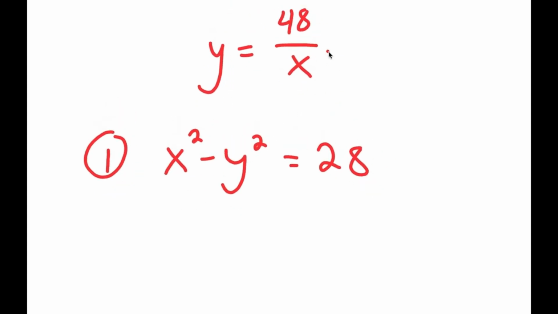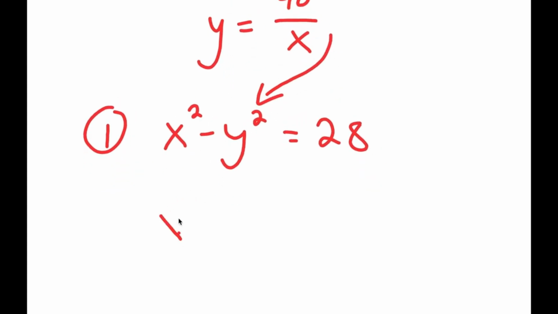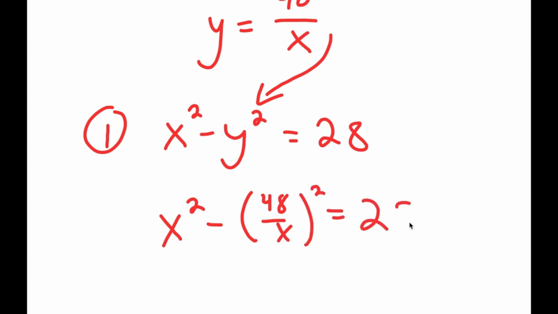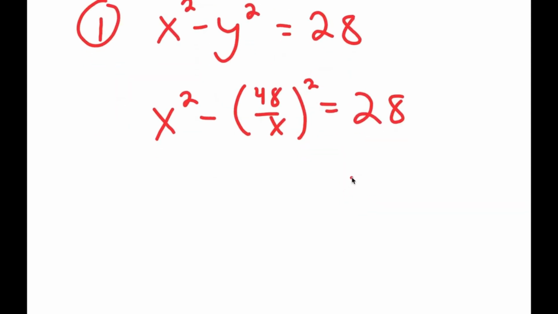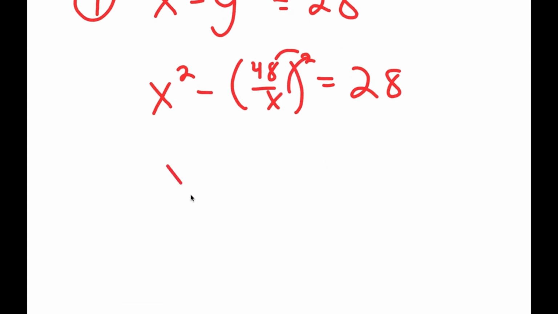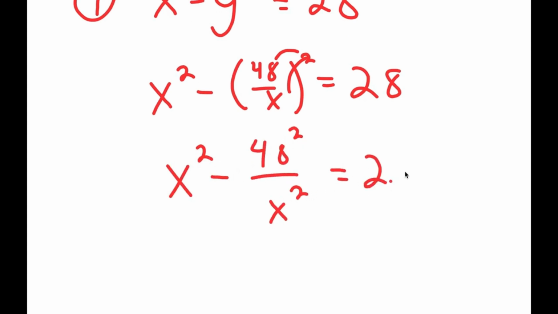So if I plug this in for y, I get x squared minus (48 over x) squared is equal to 28. Now I can simplify the square, so I get x squared minus 48 squared over x squared is equal to 28.